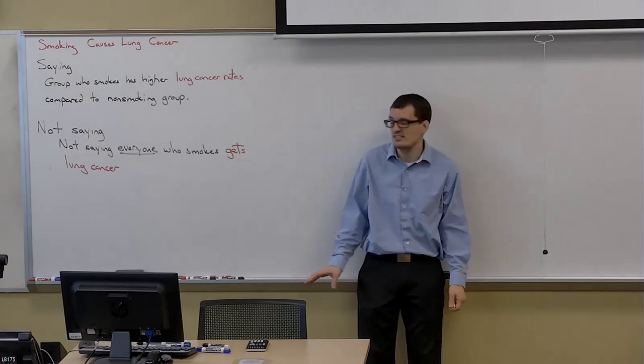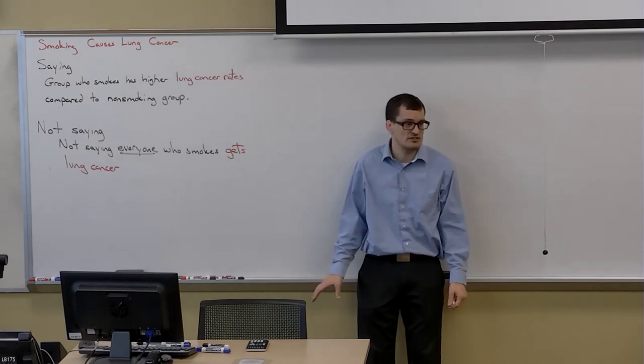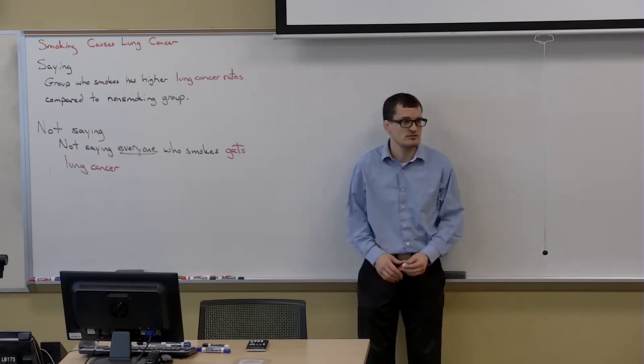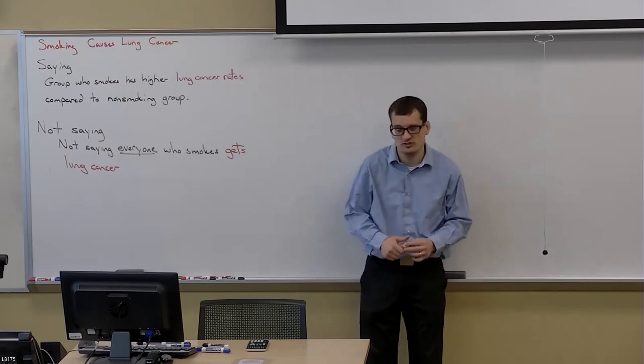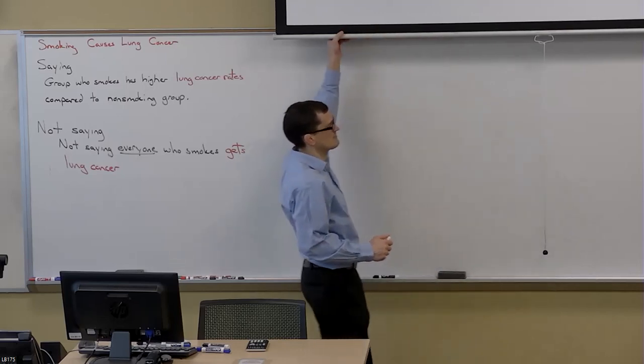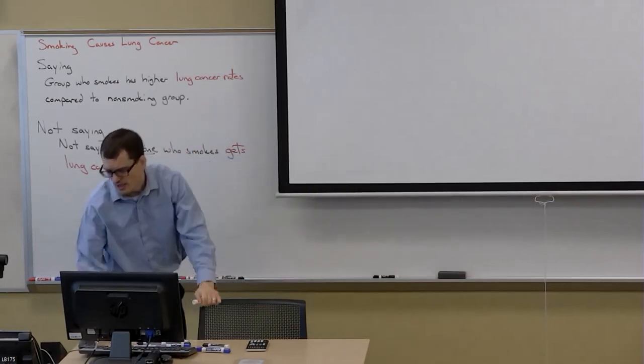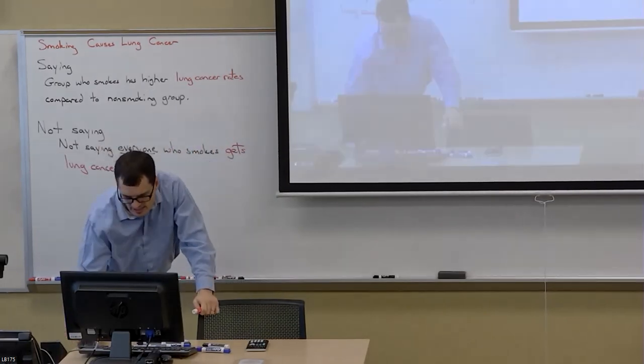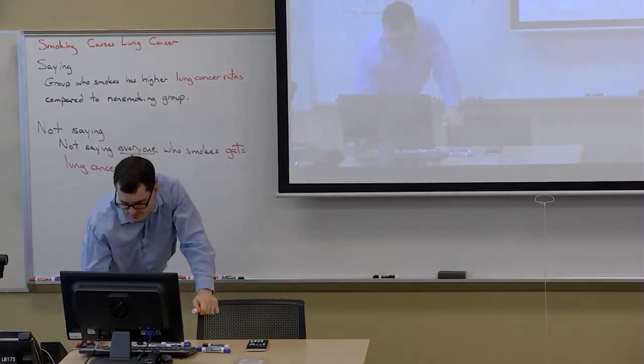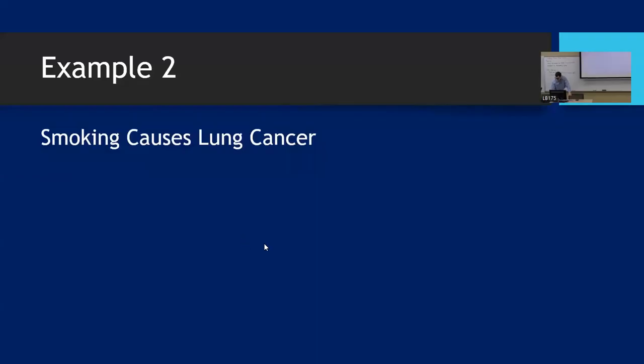So in this case, it is probably more of a direct causal relationship, whereas in the previous case it wasn't so much. It was more of an indirect relationship. Does that make sense? So understanding these headlines is fairly important.